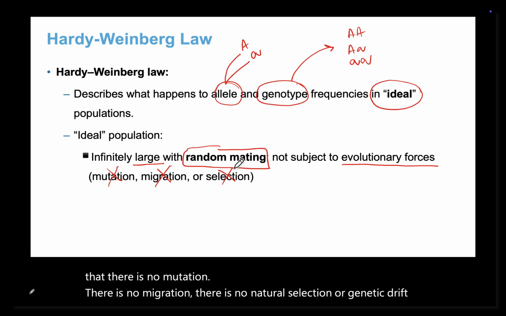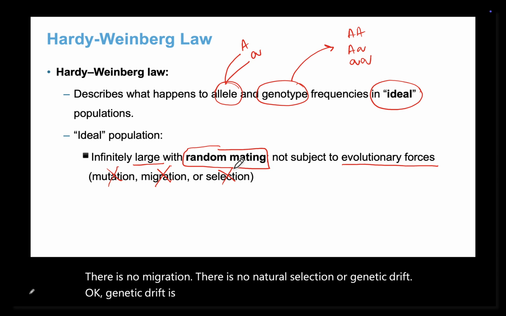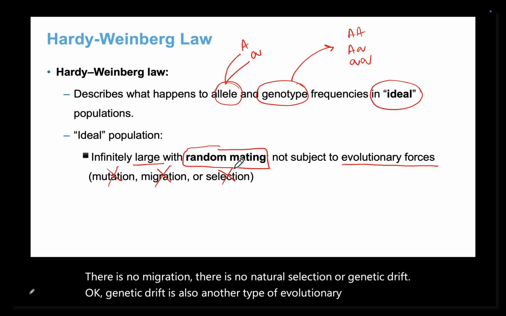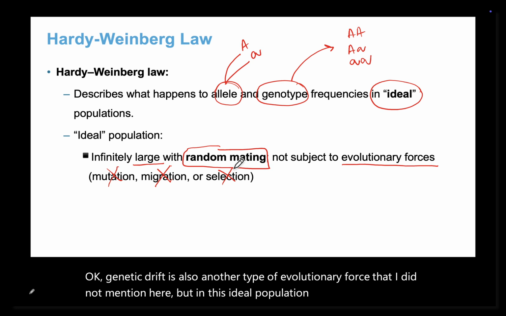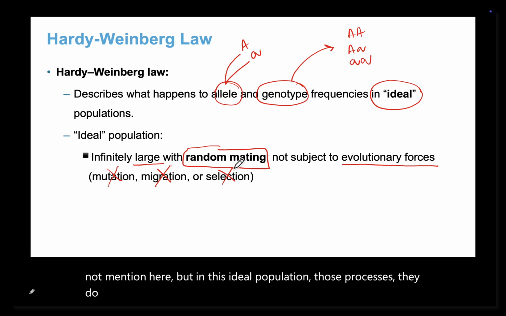Okay, genetic drift is also another type of evolutionary force that I did not mention here. But in this ideal population, those processes do not happen.